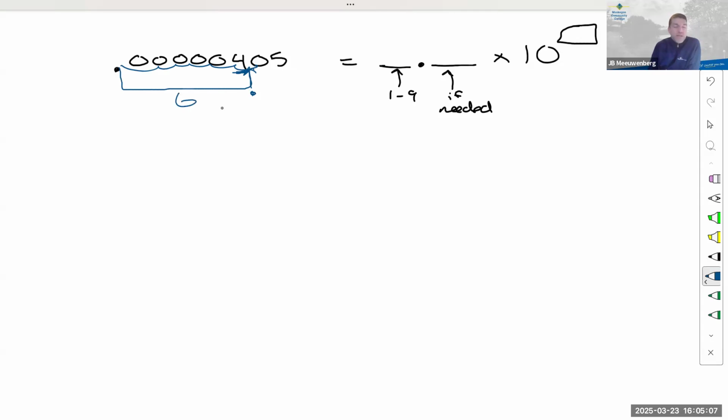So this is now 6 places, and it moved to the right. So we're going to write 4.05. So we want the 0 and the 5 times 10, but what is this exponent going to be? Let me show you. I'm going to tell you first, then I'll give you an explanation of why. It is going to be -6.